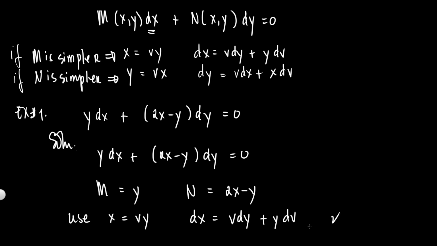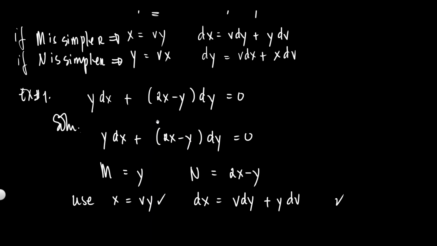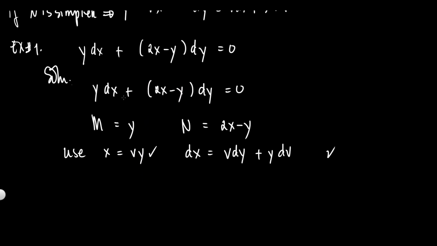Gagamitin natin yung dalawang yan, isa-substitute natin dun sa original equation. So, y dx, what is dx? v dy plus y dv, so y times v dy plus y dv.